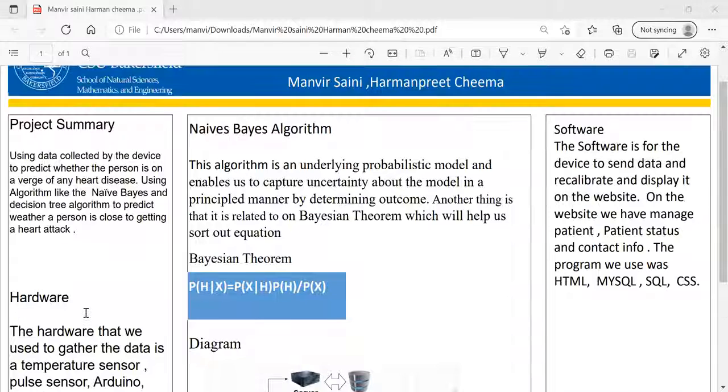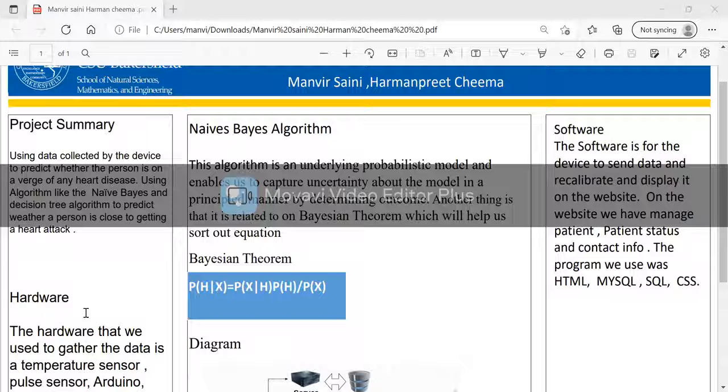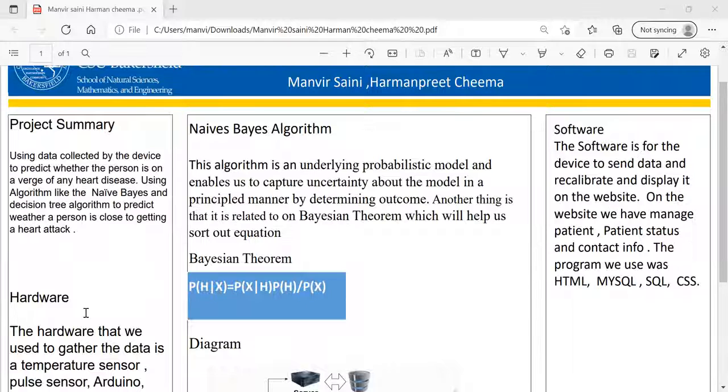So the first algorithm we used was the Naive Bayes algorithm. It is a probability theorem, often called Bayes' law, after Thomas Bayes, that relates the conditional and marginal probabilities of two random events.